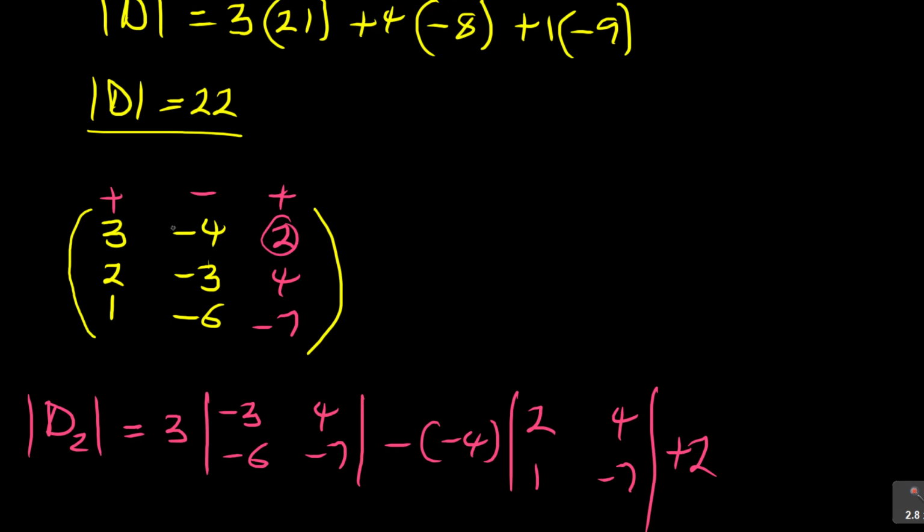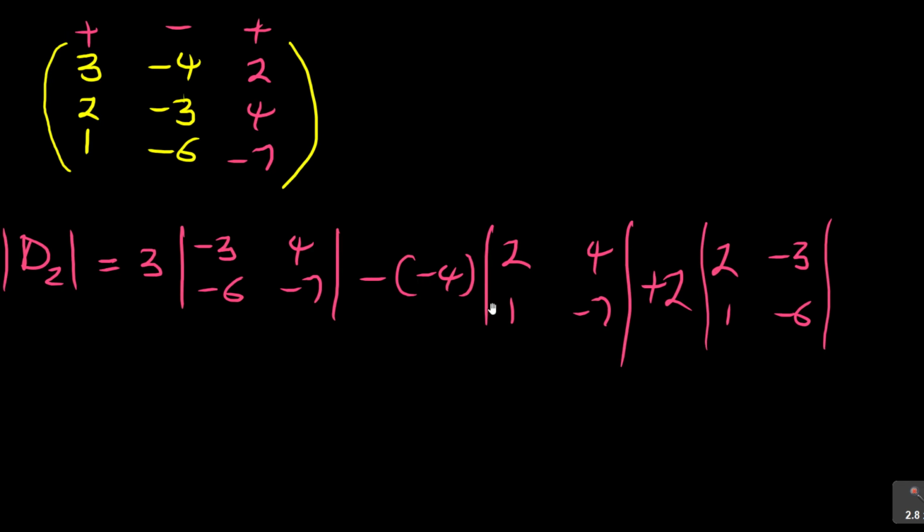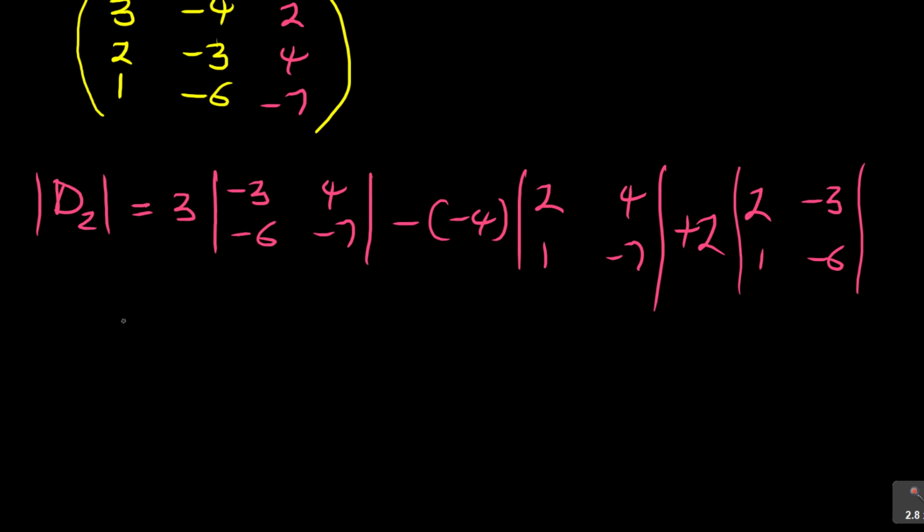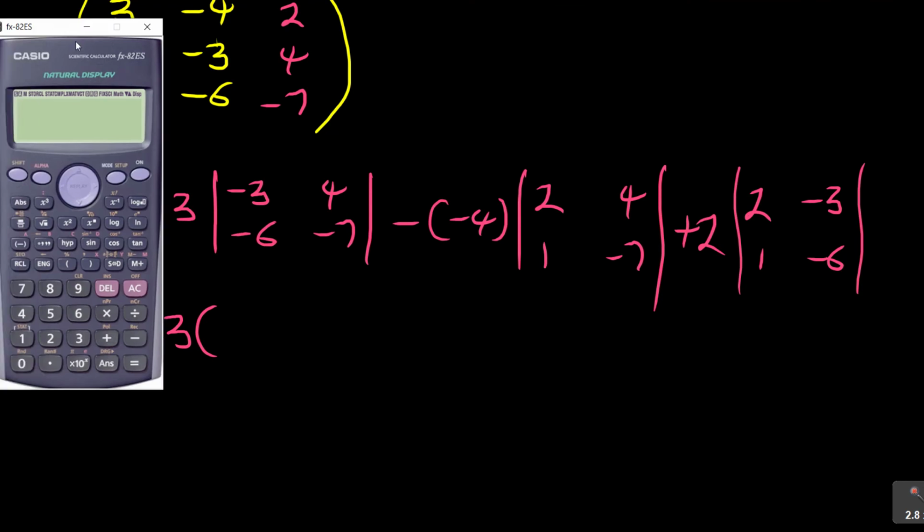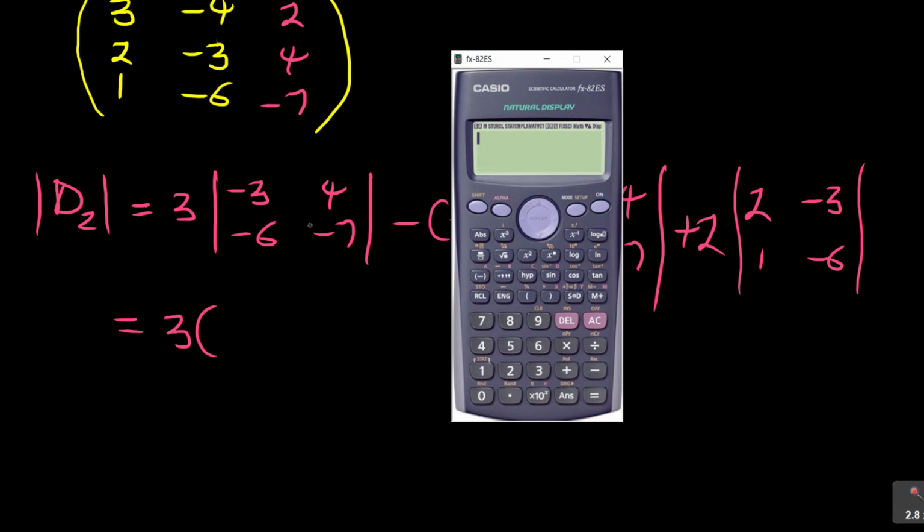So if I have got 2 there, you see 2, 1, minus 3, minus 6. So we have to find the value of this matrix. It's simple again, similarly like what we did previously. When you're multiplying, negative 3 times negative 7 is positive 21, minus negative 6 times 4 is negative 24.